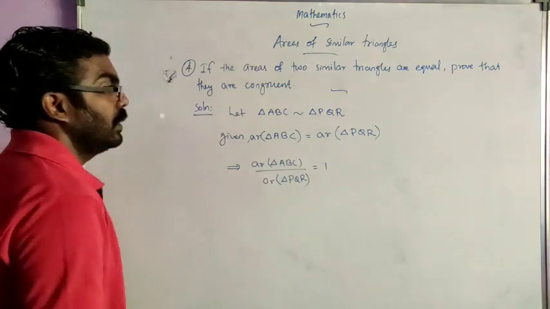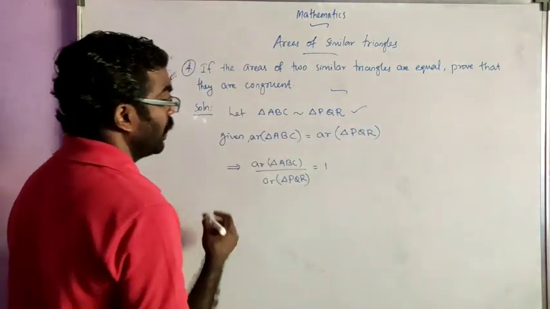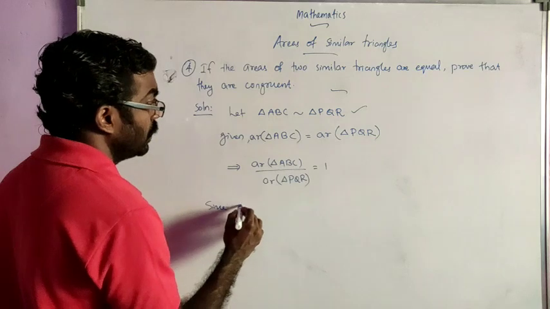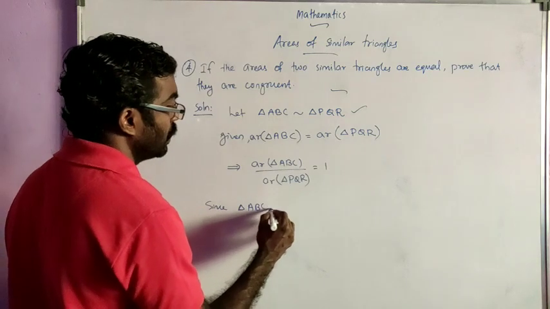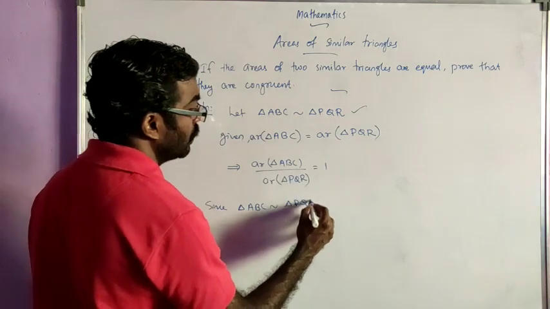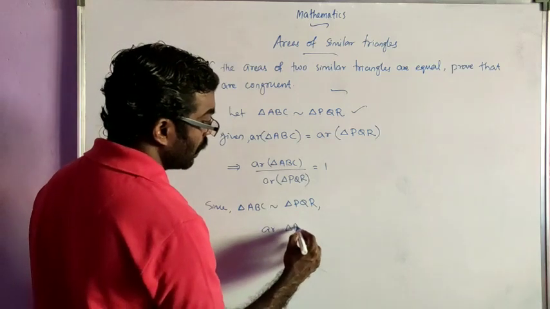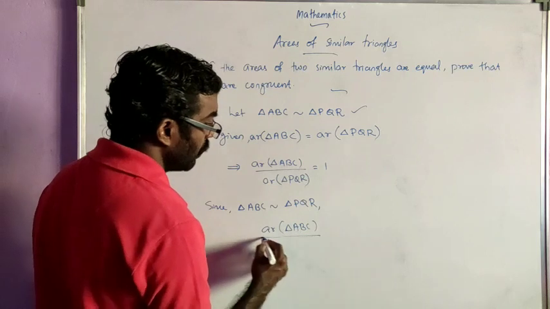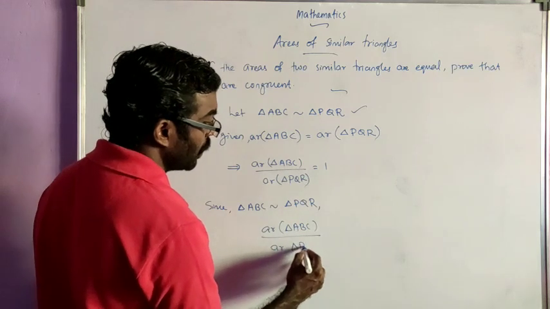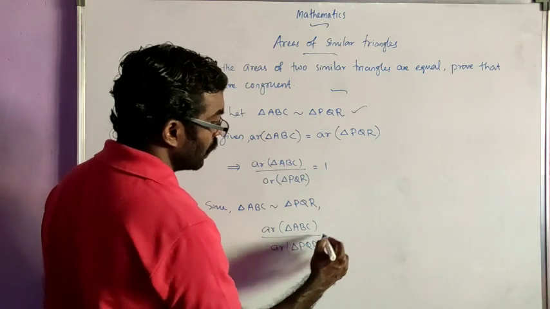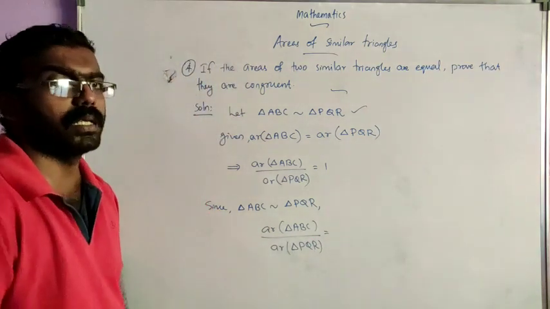So if we divide both, we get the value as 1. Okay. And since the triangles are similar, we can apply the theorem. Since triangle ABC is similar to triangle PQR, by theorem we can write area of triangle ABC divided by area of triangle PQR is equal to the square of the ratio of their corresponding sides.